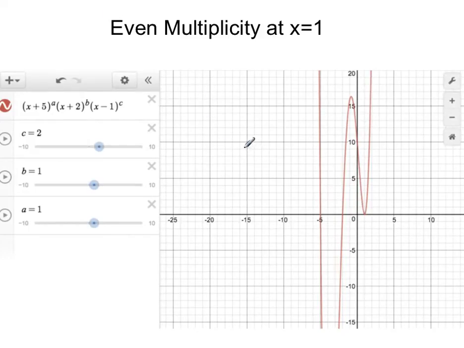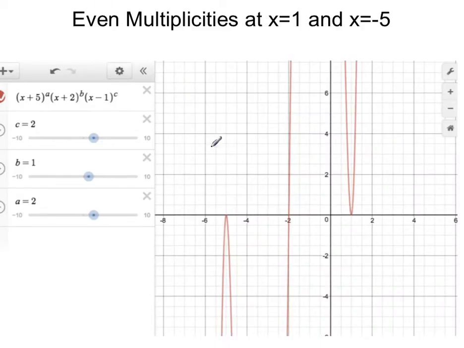Now, if I look at this graph, I have changed it so that x minus 1 has an even multiplicity, and you'll notice that when there's an even multiplicity, my graph bounces at that 0. These are odd. It cuts right through, and then when I get to an even multiplicity, it bounces.